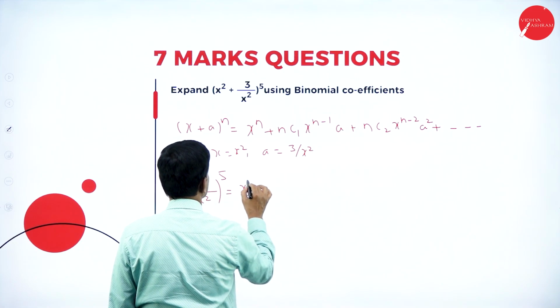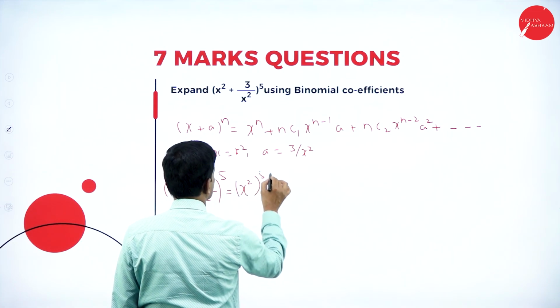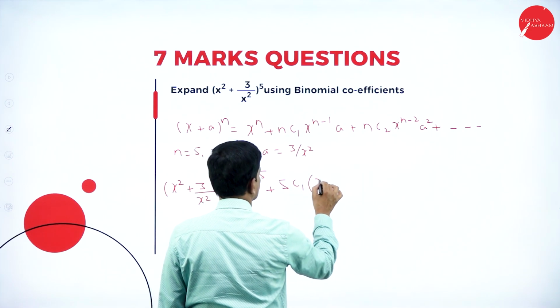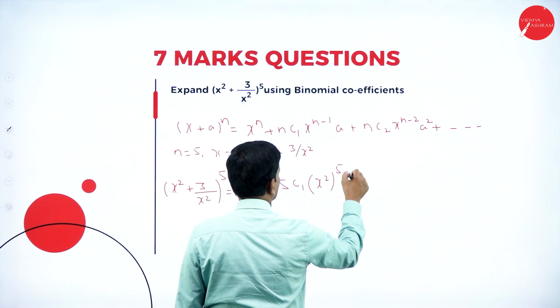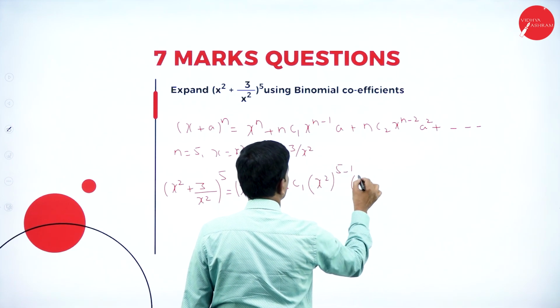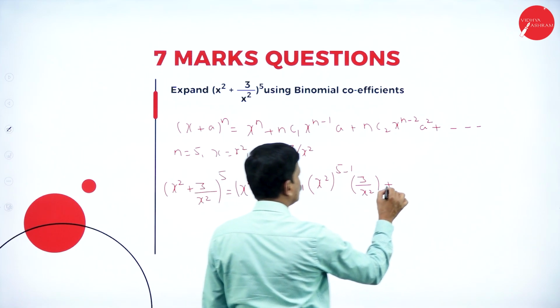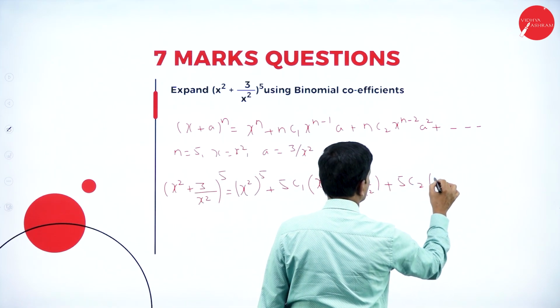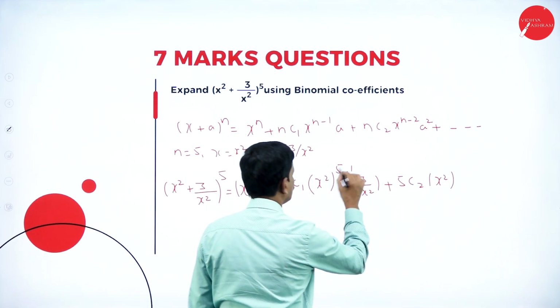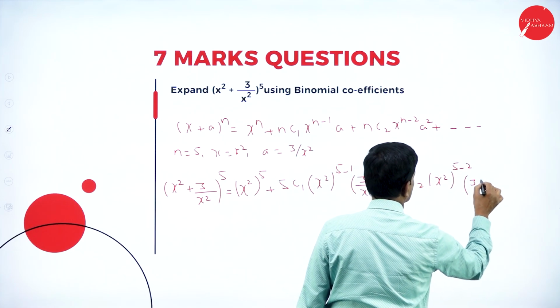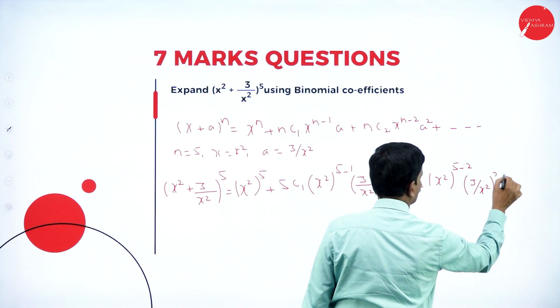What is x? X is nothing but x square whole raised to 5, plus 5C1 x square whole to the power of 5 minus 1 into a. What is a? 3 by x square, plus after 5C1 the next term is 5C2 x square whole to the power of 5 minus 2 into a square, that is 3 by x square whole square.